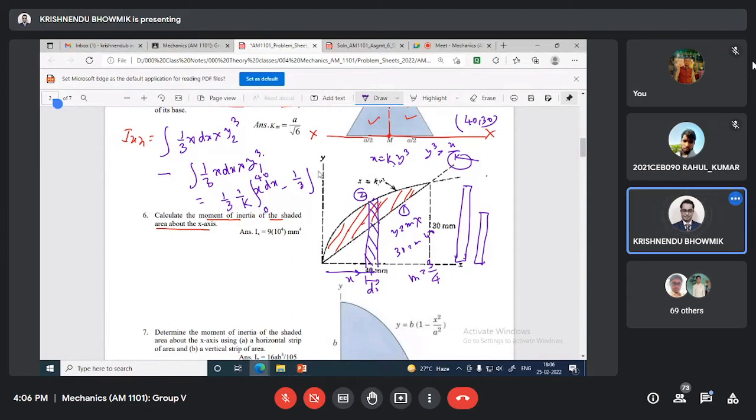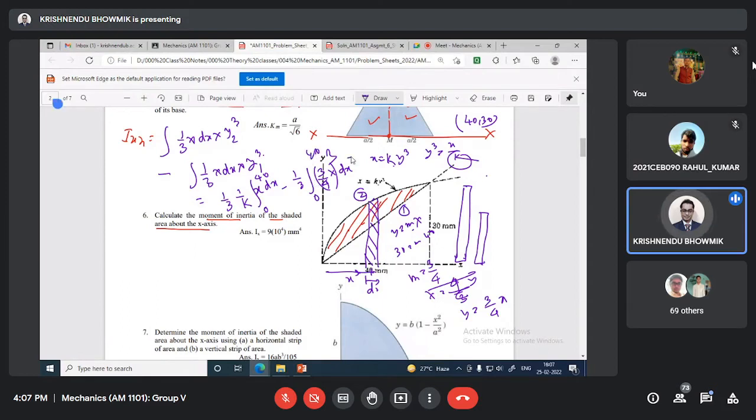So it is 3 by 4 x, cubed, I forgot the cube here, dx. Actually here it is y equal to 3 by 4 x, so x equals 4 by 3 y. Integration is 0 to 40.